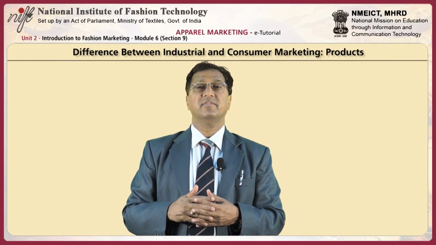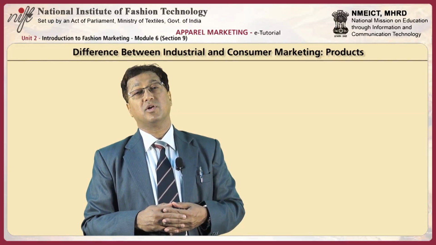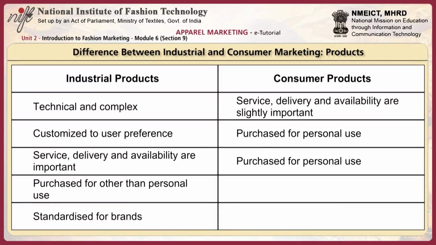Going further with the differences between industrial and consumer products, industrial markets are technologically complex. This includes many activities such as understanding of fibers, yarns, fabric, garment manufacturing, dyeing, printing, technical textiles, etc. There is a customization to user preferences.